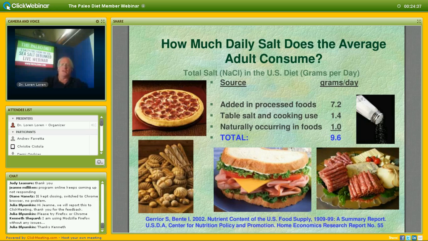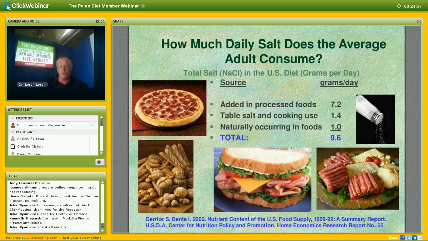Okay, so the next question that comes up relates to what is the effect of salt in our body? And before I can answer that question, what I really need to do is to talk to you about how much salt we actually eat. If you look at the amount of salt in the typical U.S. diet in terms of grams per day, it's almost 10 grams.